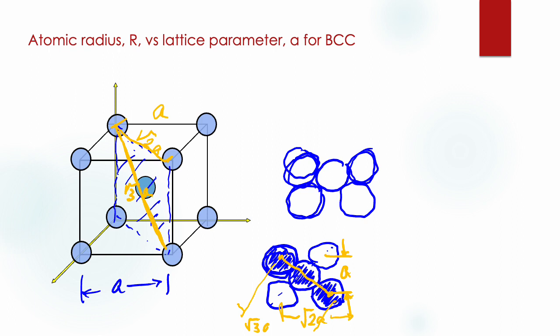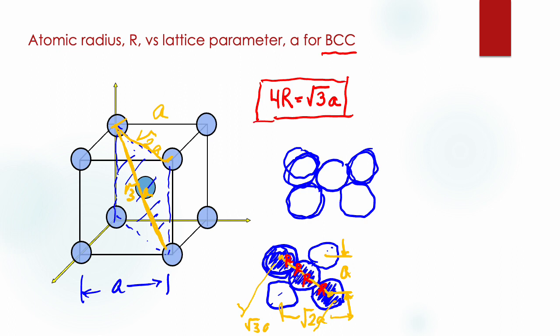And so for this crystal structure, for BCC, 4 radii, there's 1, then 2, and then 1 more. 4 atomic radii is equal to the square root of 3 times the length of the side of the unit cell. And this is true, this is a defining characteristic of BCC.